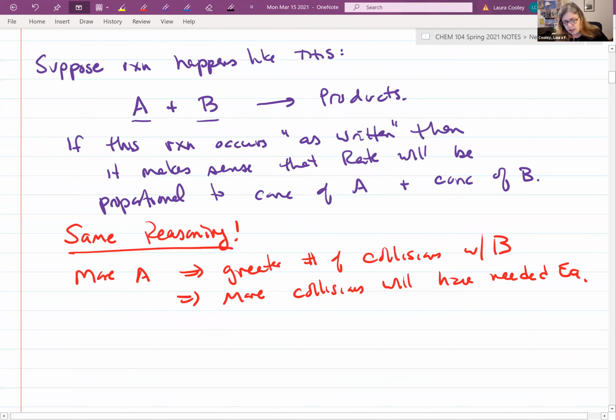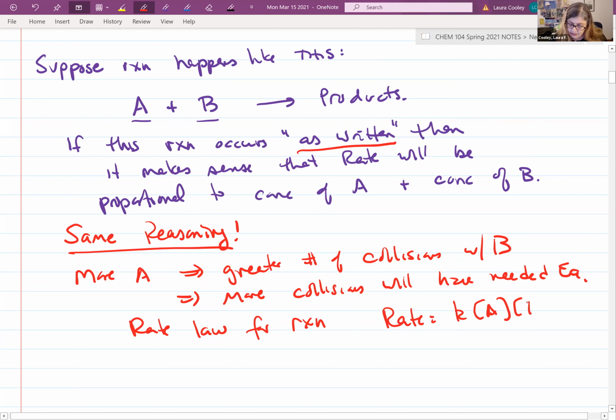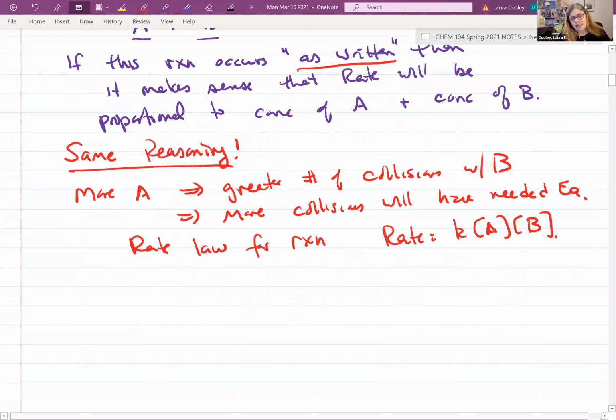So you have more collisions that will have the needed activation energy. And so the rate law for the reaction, as long as it occurs as written, will be k[A][B].